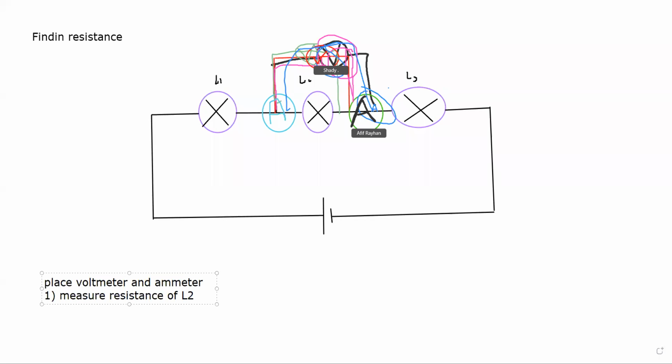That's right. So I should connect a voltmeter in parallel to lamp 2 and I should connect an ammeter in series to lamp 2. Before and after it will not make any difference.